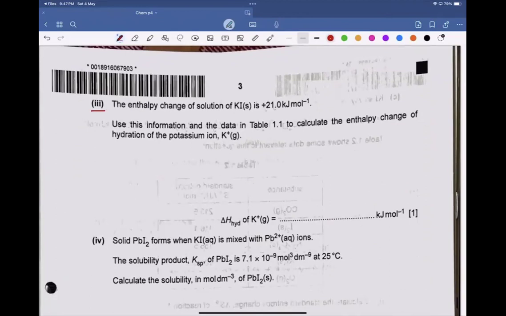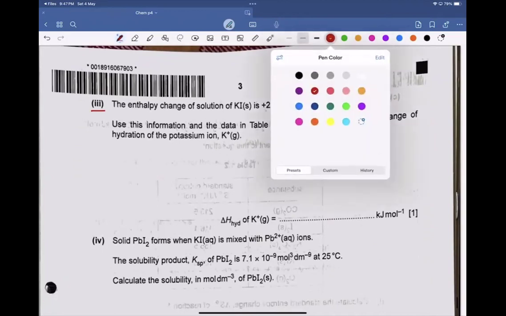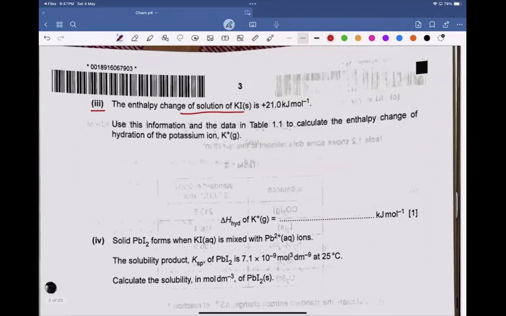Now, third part. The enthalpy change of solution of potassium iodide is positive 21 kilojoule per mole. Use this information and the data in table 1.1 to calculate the enthalpy change of hydration of a potassium ion.